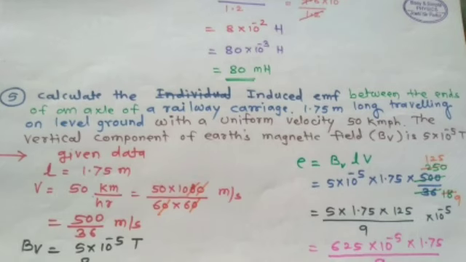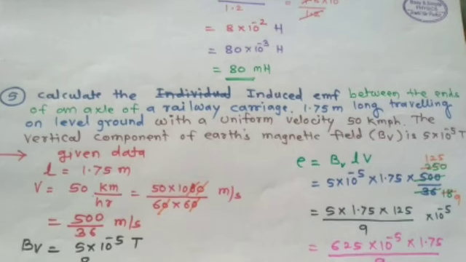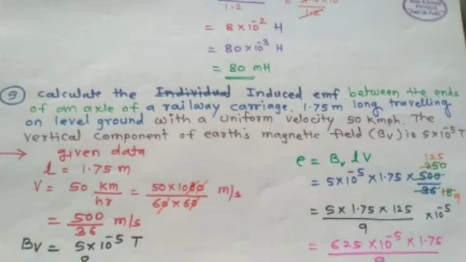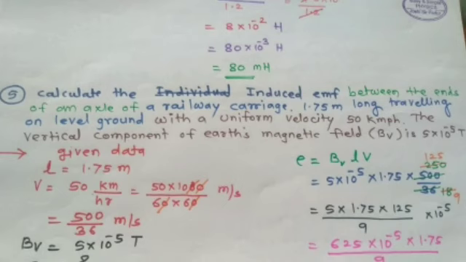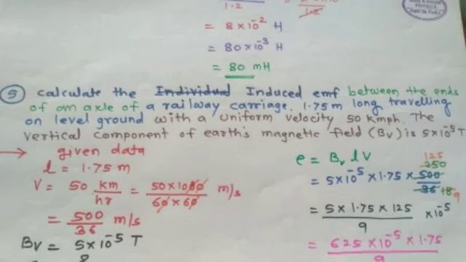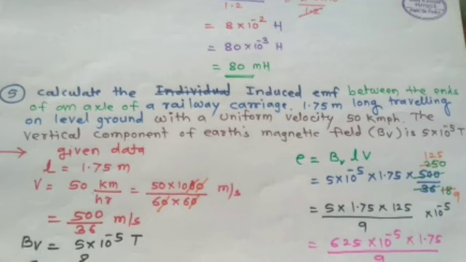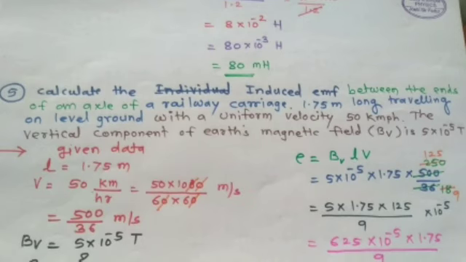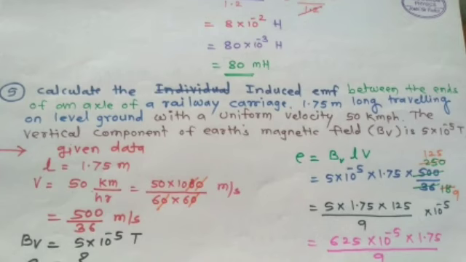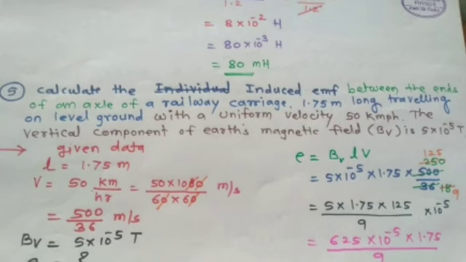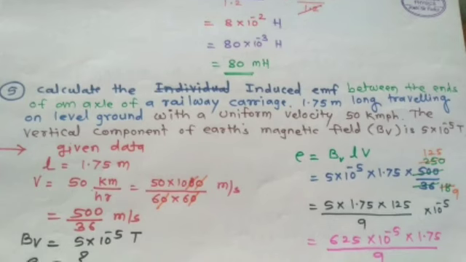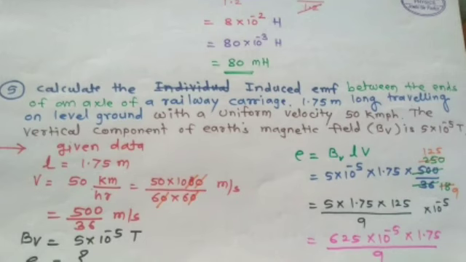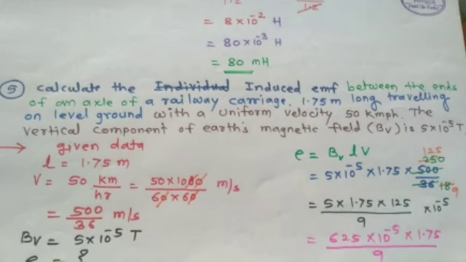So we can calculate 50 into 1000, that is meter, upon 60 multiplied by 60, meter per second. So what happened? The zero gets cancelled, 500 upon 36 meter per second. And here BV will be 5 into 10 raised to minus 5 Tesla. So we can calculate the value of E. Here E equals BV into LV.